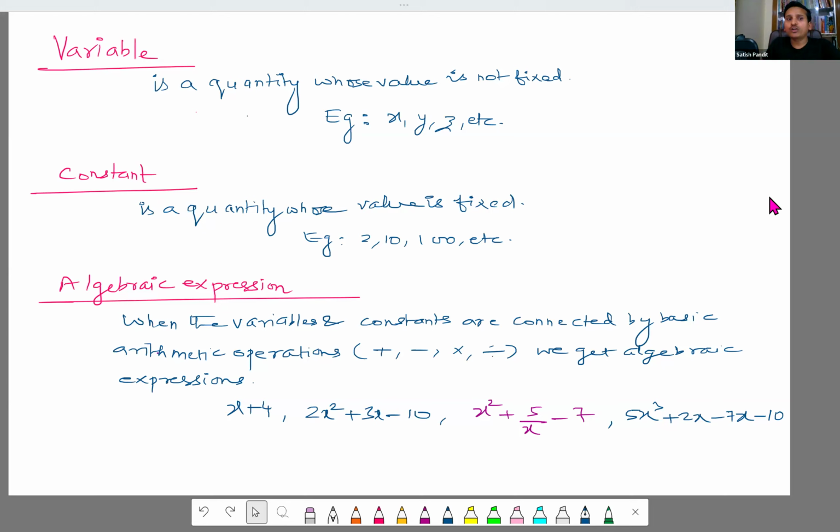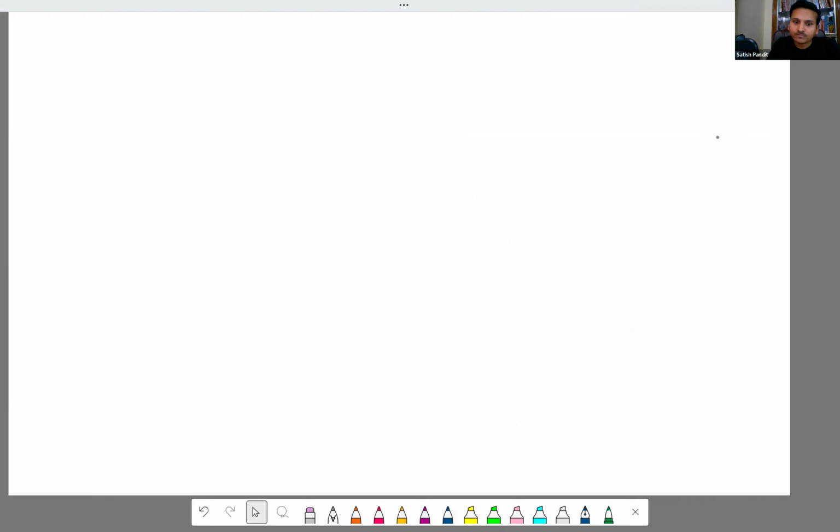Next, we have understood what is variable, what is constant, what is expression. Now we are going to understand something called a term. So what is a term? A term is the quantity separated by plus or minus.